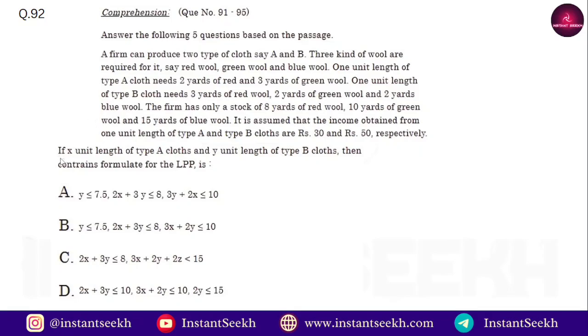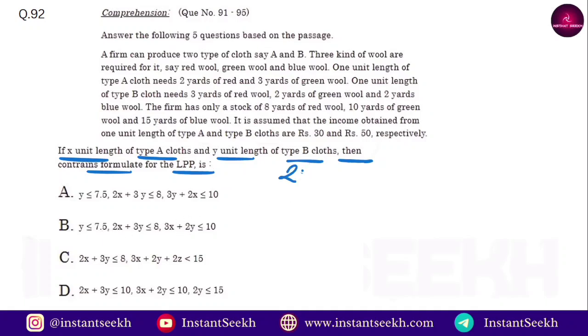Okay, same. If x unit of length type A cloth, y unit length of type B cloth, then the constraints are formulated for which of the LPP? Okay, we have formulated the LPP. So let's identify that 2x plus 3y less than equal to 8, 3x plus 2y less than equal to 10, and 2y less than equal to 15.